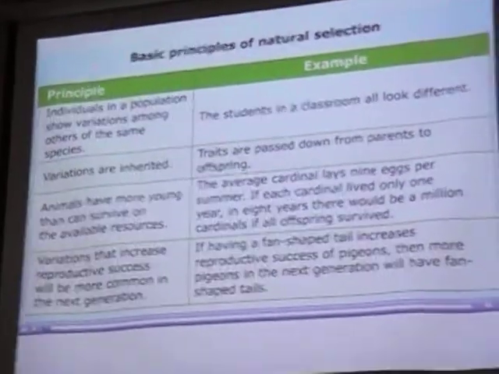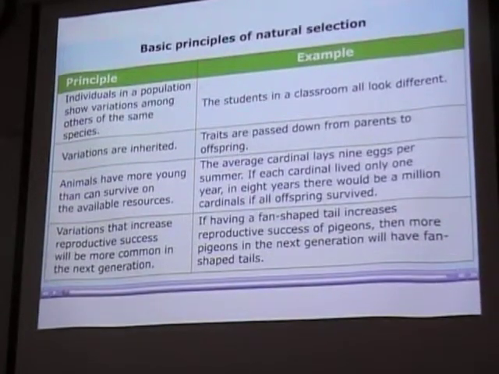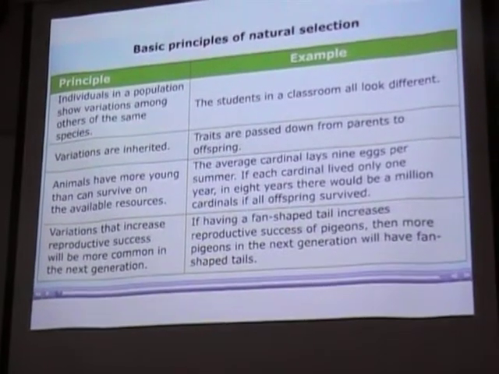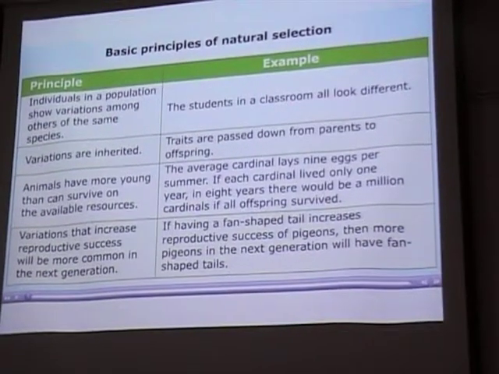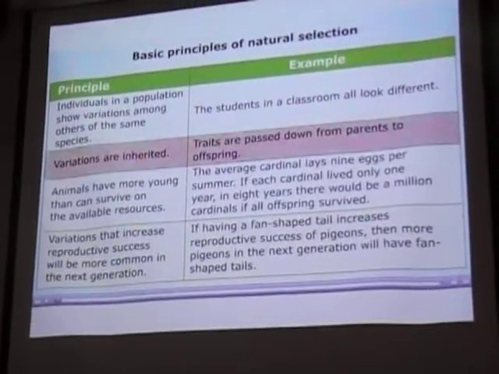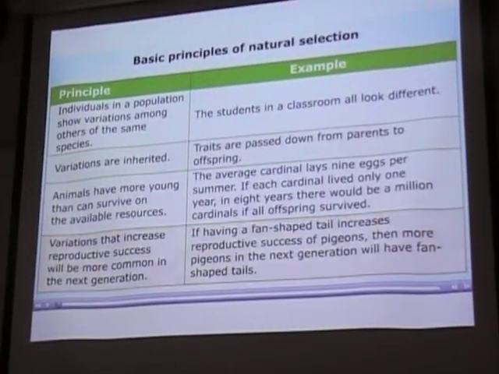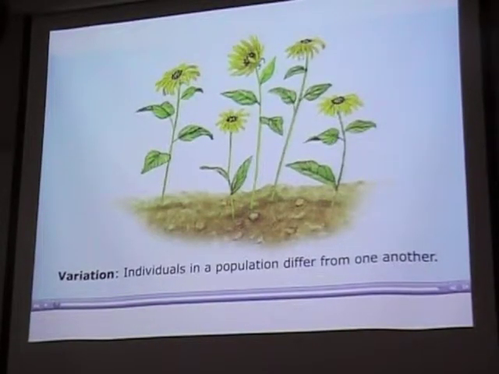Darwin's theory of natural selection describes how, if given enough time, a population can change in a way that would result in the appearance of a new species. The theory of natural selection describes 4 principles that explain how this can occur: variation, heritability, overproduction, and reproduction. Variation is the principle that explains how individuals in a population differ from one another.